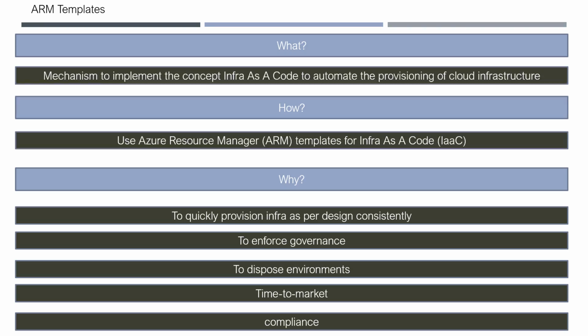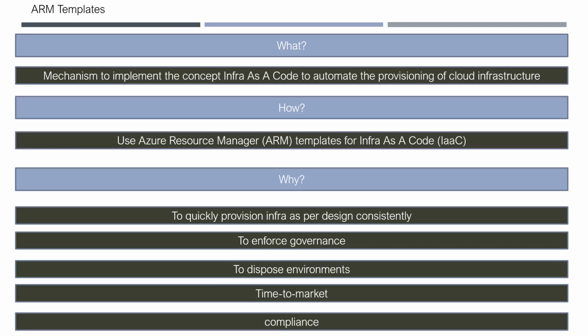Some other products are there. Terraform works across cloud vendors. If you are using Terraform, you can create resources in GCP, AWS or Azure without any issues, because Terraform is from a third-party vendor. ARM templates are from Microsoft. So we automate the infrastructure creation using ARM templates.